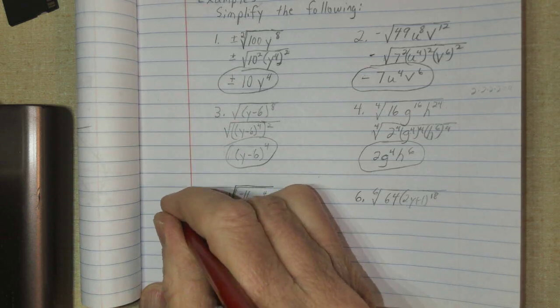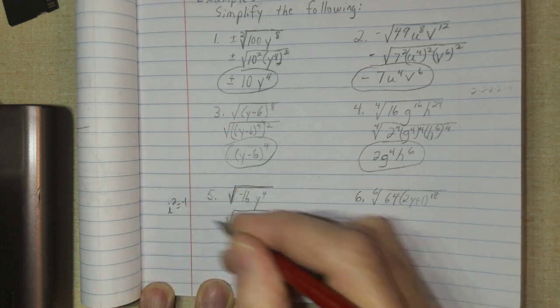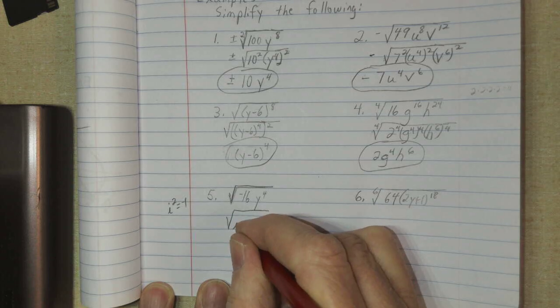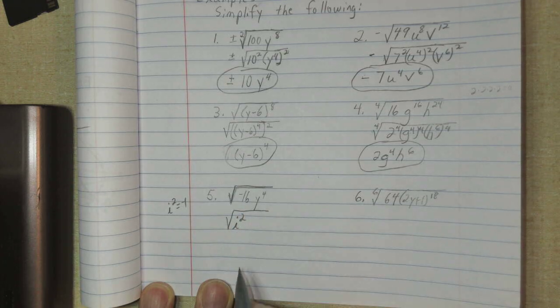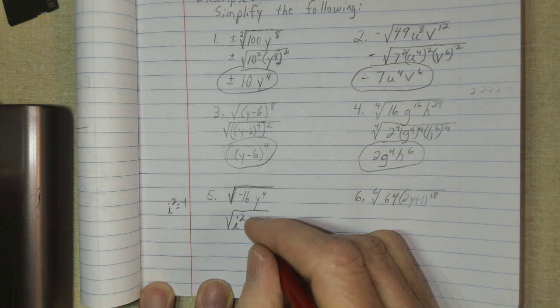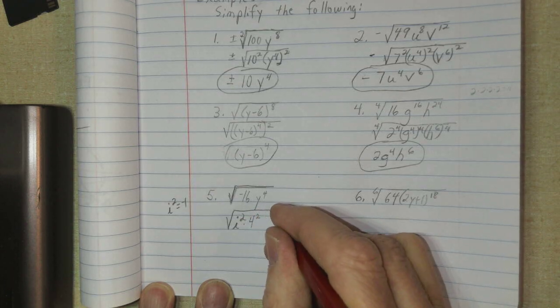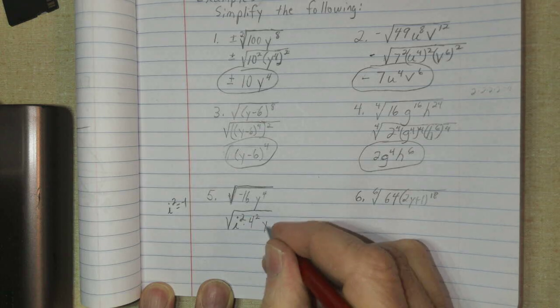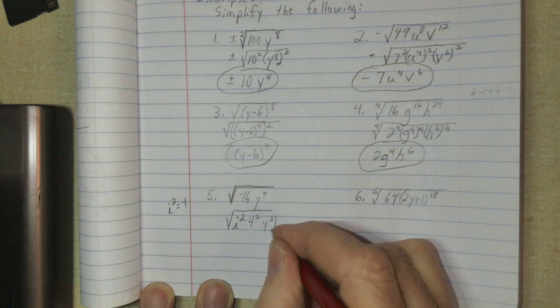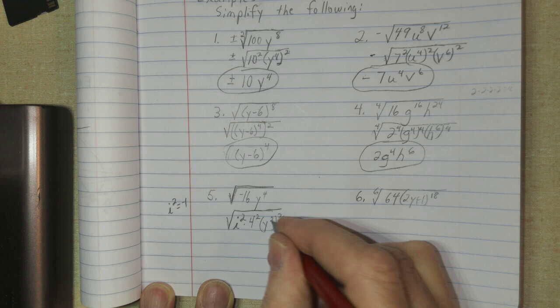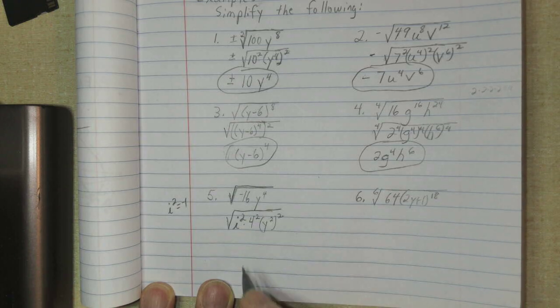Do you remember that i squared is equal to negative 1? So I could do i squared, that's the negative 1, and then 16. 16 is 4 squared. And y to the 4th. Now this is a square root, so I want to write it as a square. 2 times 2 will give me that 4.